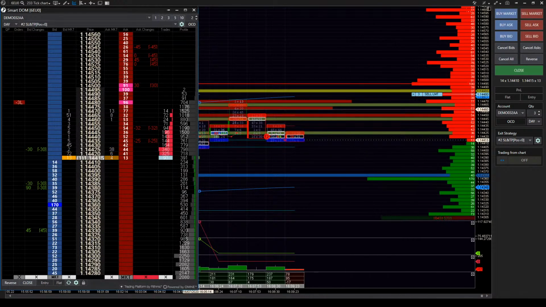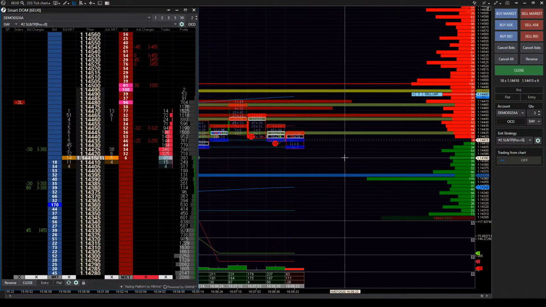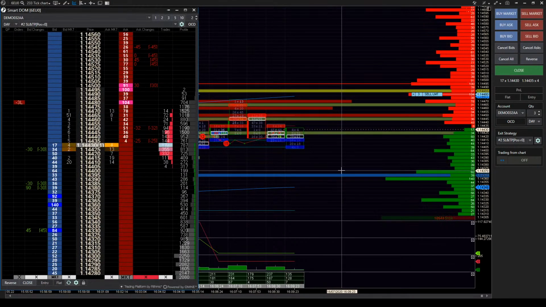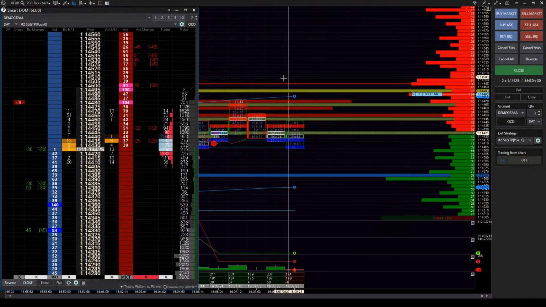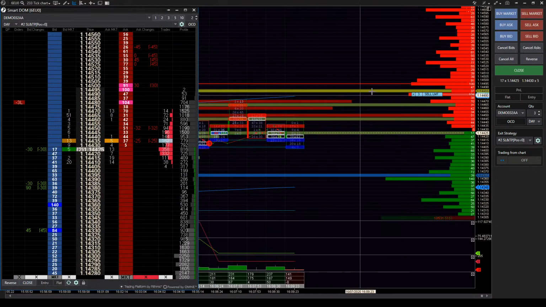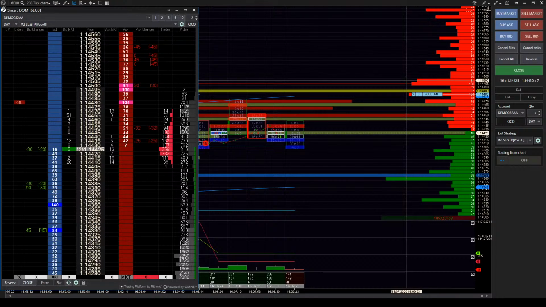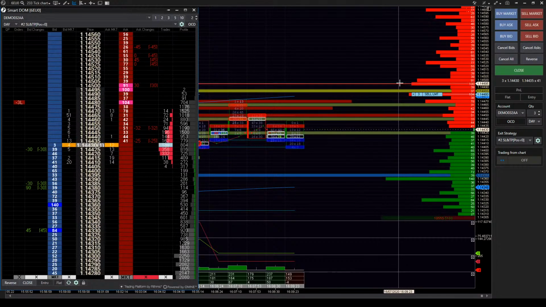systems. So you can combine this technology with any strategy you use. It doesn't matter what platform or other applications you use. For example, if you are a Fibonacci trader and you have a Fibonacci number here, and it matches a spot where you can see a lot of liquidity, that means something.